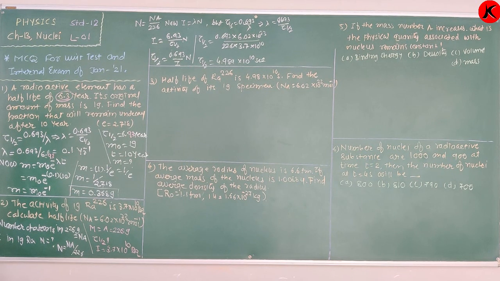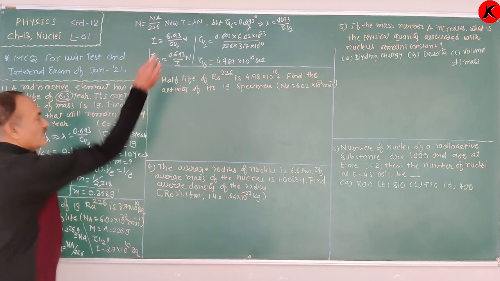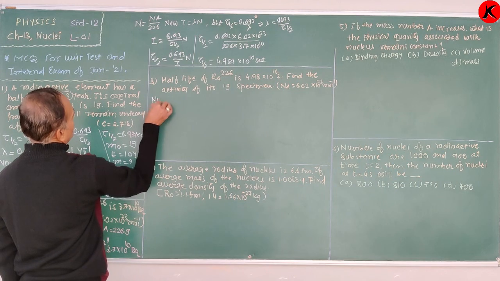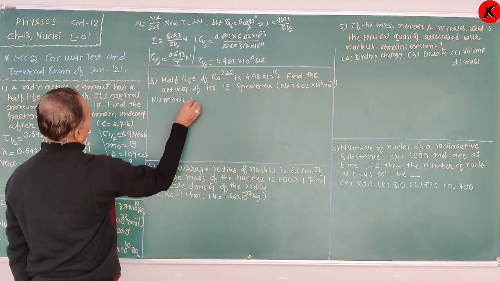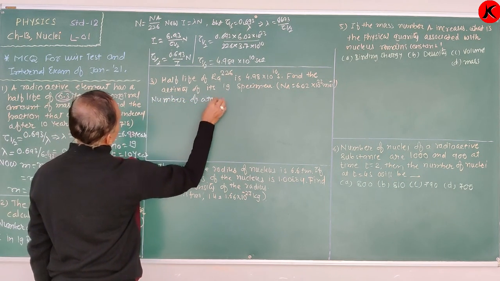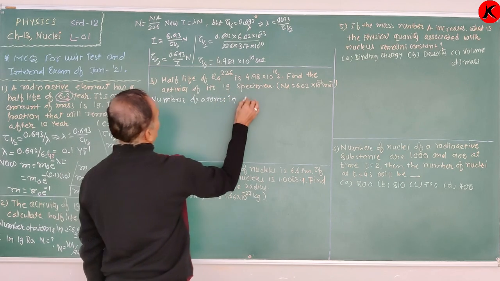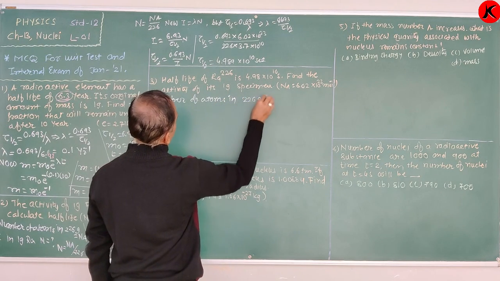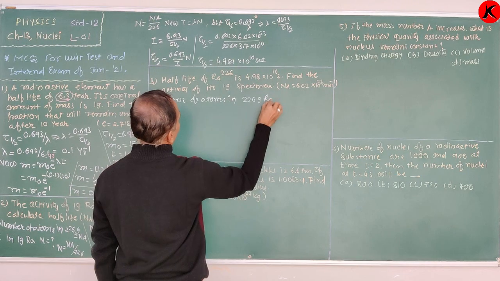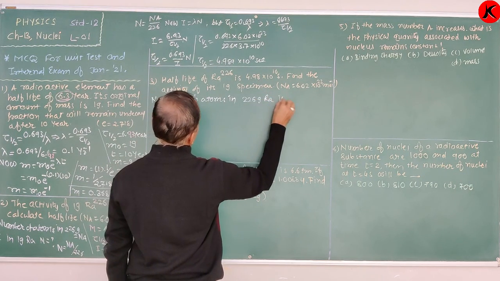So first we calculate the number of nuclei in 1 gram radium. Number of atoms in 226 gram radium is Na.